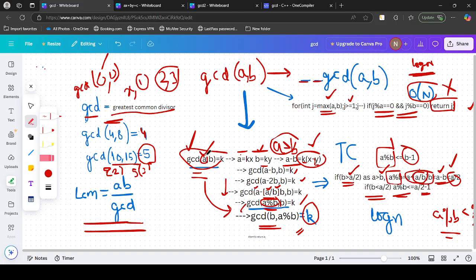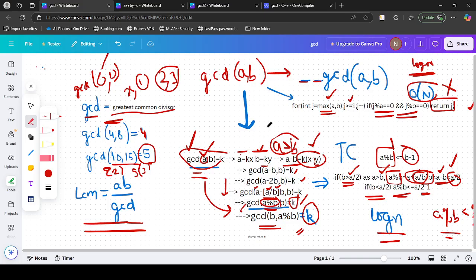Initially the number is a. So GCD of a comma b, we approximately change it to GCD of a by 2 comma b, and next GCD of a by 4 comma b, and so on till GCD of 0 or 1. So surely the time complexity is log n, because we are able to reduce the number by half in every iteration.